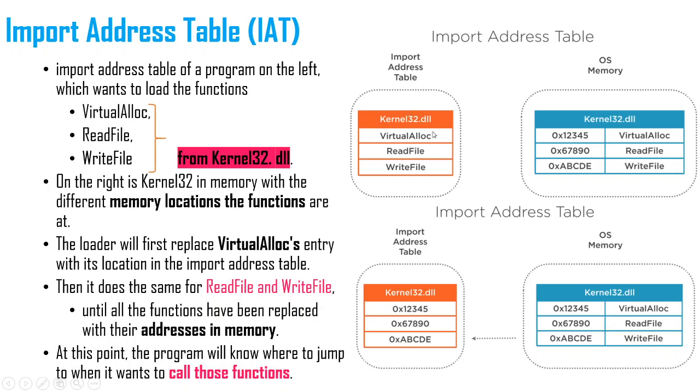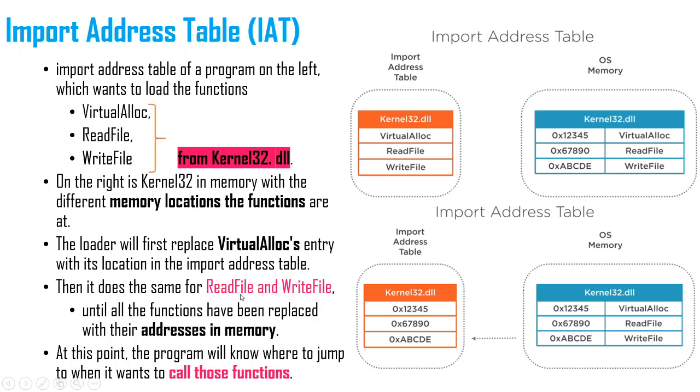By seeing the particular functions, for example VirtualAlloc, ReadFile, WriteFile, everything has been loaded from the operating system into the import address table, based on the functions present in the malicious file. So the loader will first replace the VirtualAlloc entry with its location in the import address table.